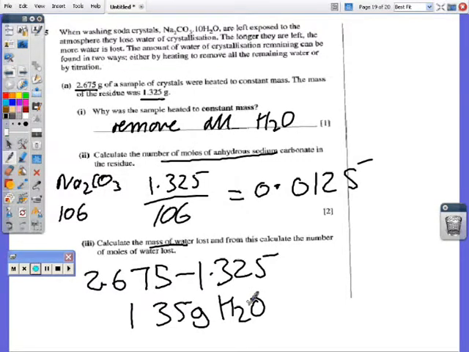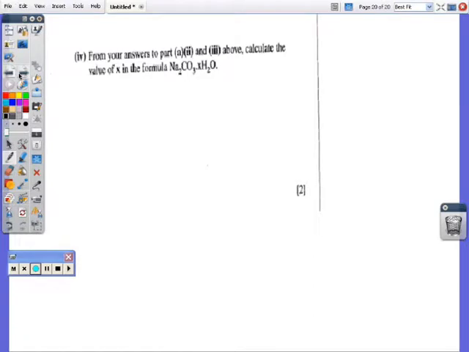Okay, so if we turn over, we've got to use those answers to calculate our value of x. So our moles of water is 1.35 over 18, which is 0.075.